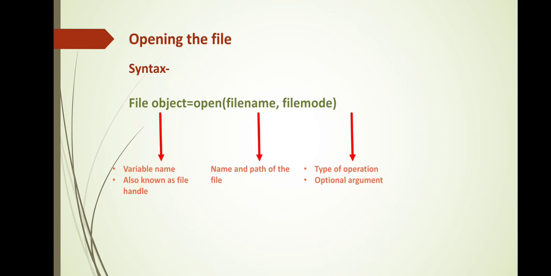File mode specifies the type of operation which you want to do in the file. There are different types of file modes available. We will be studying all of these in this video. Another important thing is that this file mode argument is optional. If you do not specify the file mode, the default mode will be the reading mode. That means the file will be opened in the reading mode.